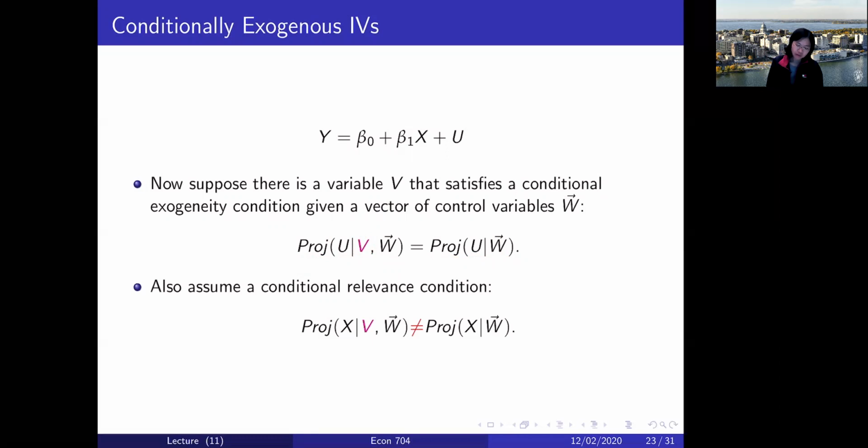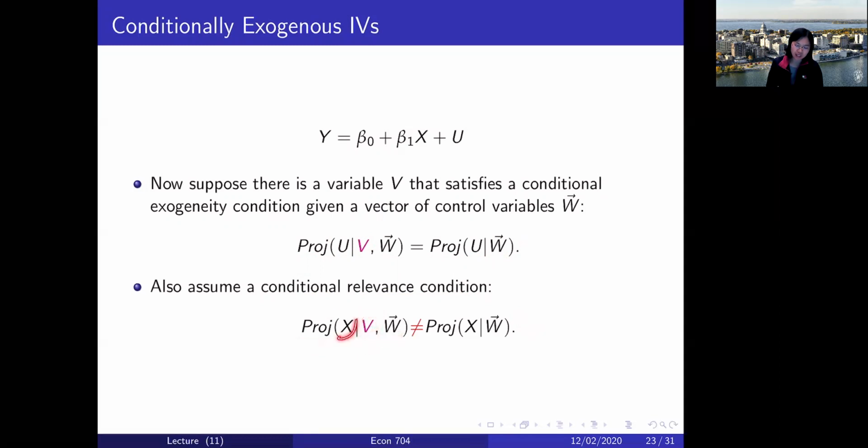And also, we not only need the exogeneity condition, we also need the relevance condition. We are also going to have a conditional version of the relevance condition. That is, when you project X on V and W, V here is not redundant.